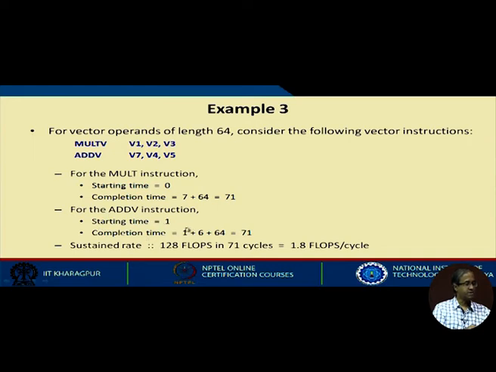Completion time will be 1 plus startup time plus initiation time into 1, that is 71. So, in a total of 71 clock cycles we are completing 64 plus 64, 128 floating point operations. 128 floating point operations in 71 cycles means 1.8 flops per cycle. This is the sustained rate.